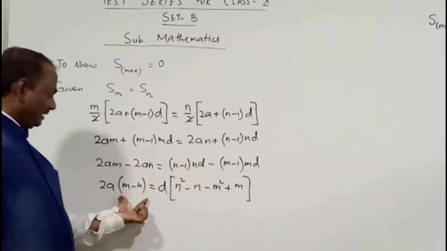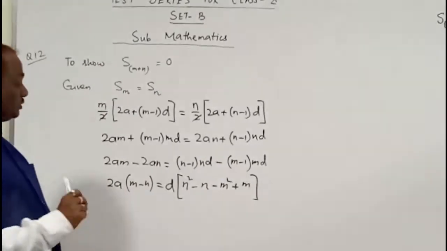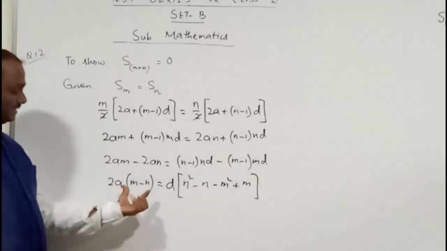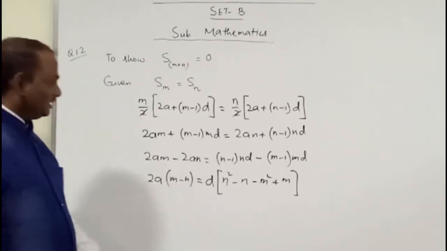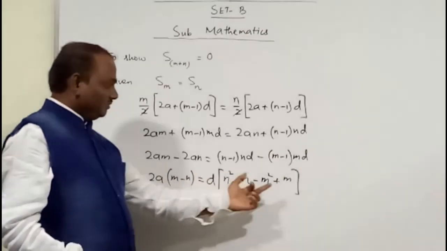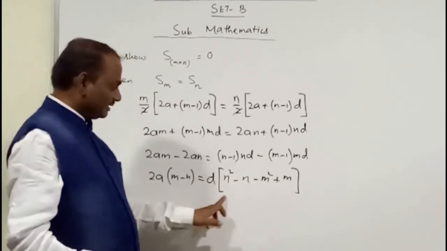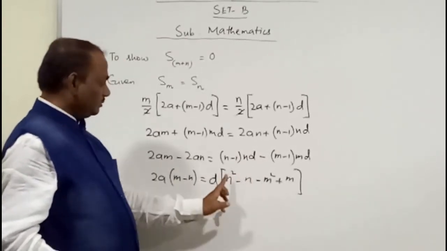Here I can see m minus n over here, and I can see m minus n over here also. So I need to search for whether this particular factor gets cancelled. So I will try to factorize this particular part. Now here m minus n is there. I can arrange this as m minus n, then minus m square plus n square.